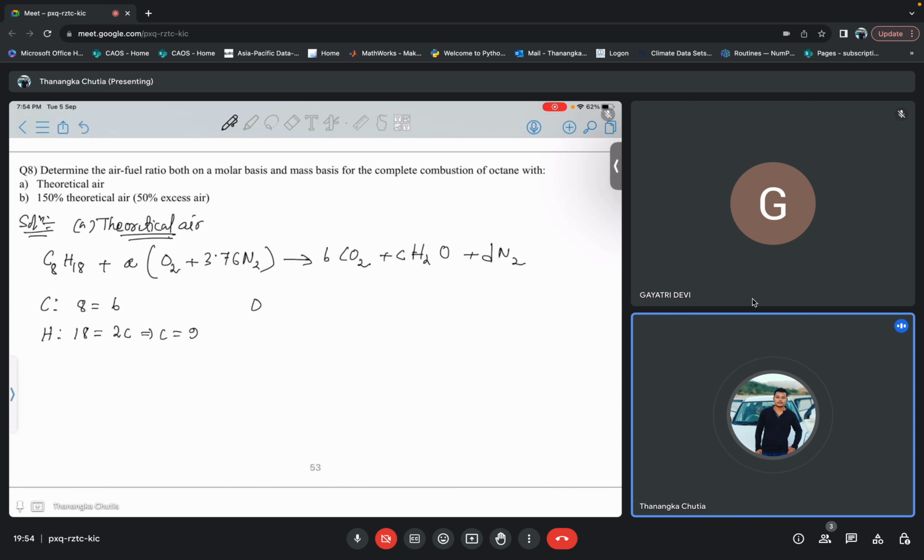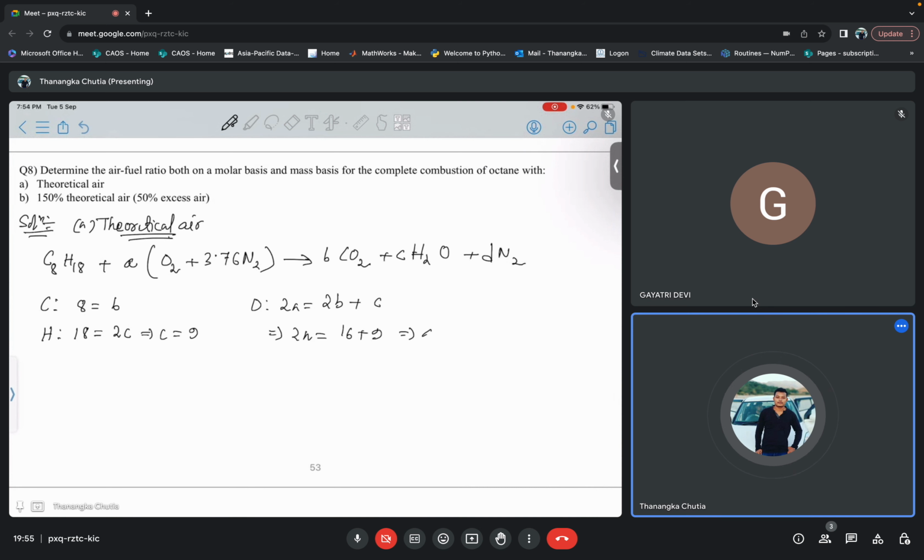Balancing the oxygen, we get 2A is equal to 2B plus C, okay. So 2A is equal to 2B means 16 plus C is equal to 9.